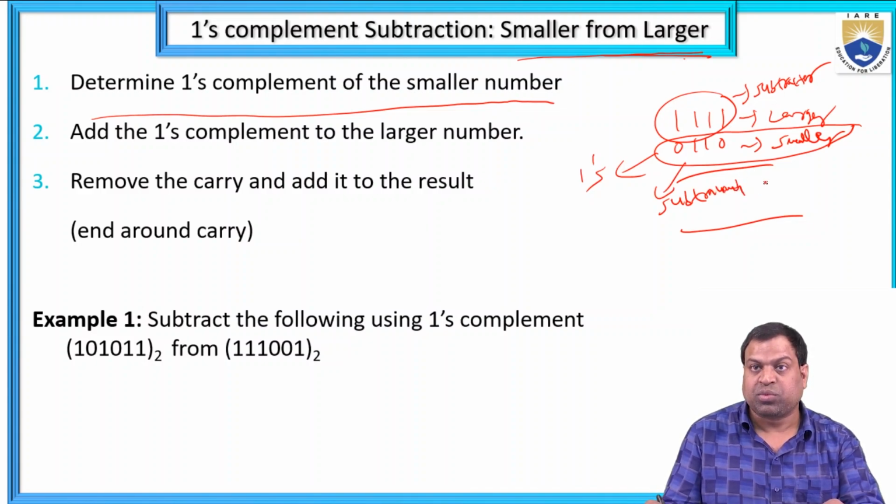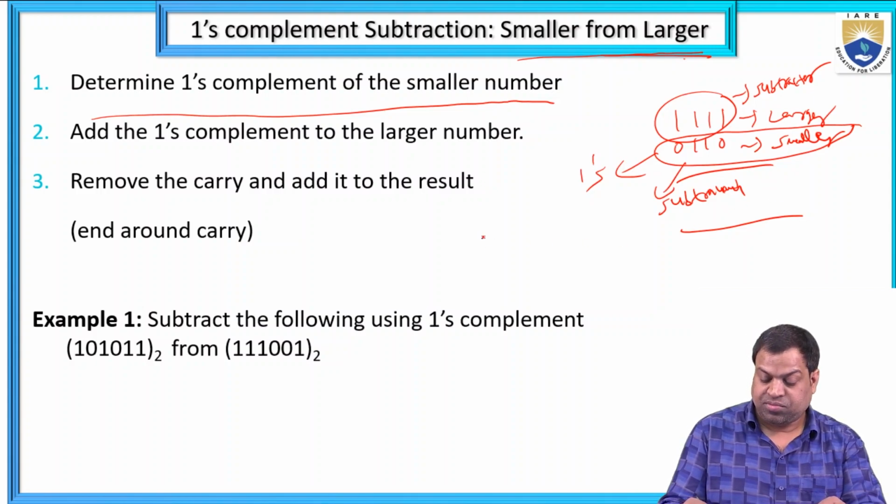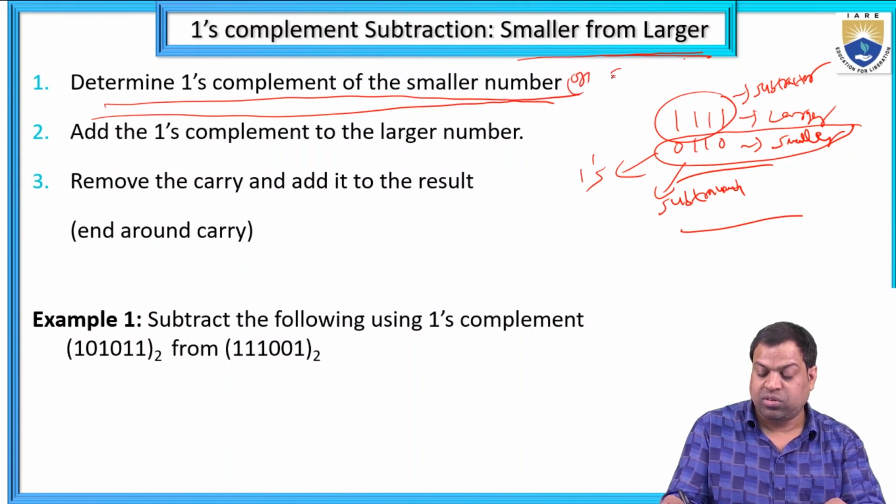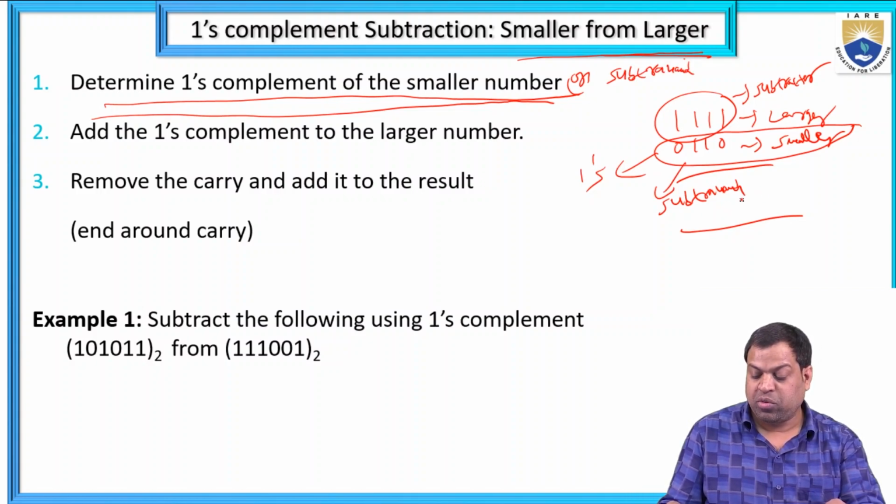From the subtrahend, we are performing ones complement. In other words, it is also called the smaller number. So determine ones complement of the smaller number or subtrahend. Anything. Okay.